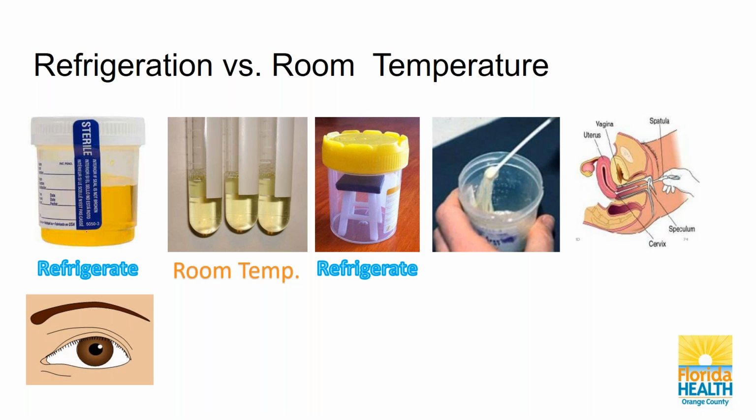Refrigerate. Next, that is a lovely sputum sample that you have there. Do you refrigerate it or you leave that at room temp? You refrigerate it. Next, we have a genital sample.